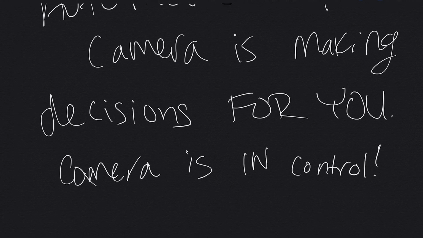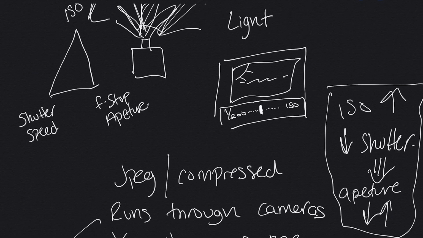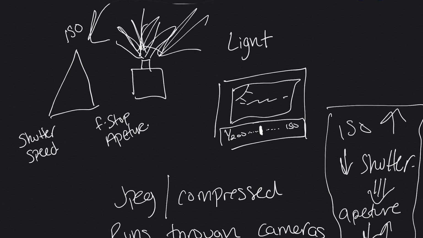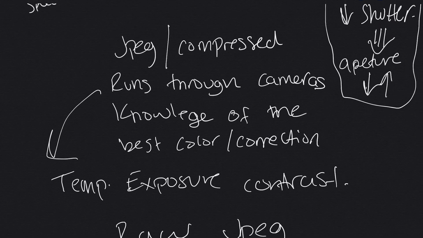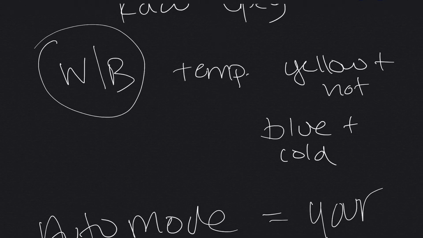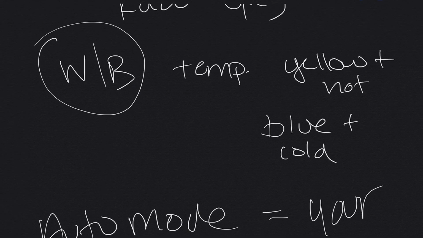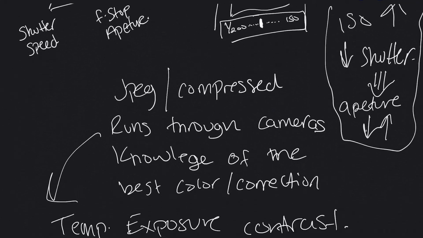So that's what that means. Auto mode just means you're saying to your camera, look, you make the best decisions on what the lighting should be, what the aperture should be, what the shutter speed should be. You're going to also decide what it's going to automatically correct to, and you're going to compress my file, and you're going to set the white balance, what you think is best based on the readings that you get off of here.